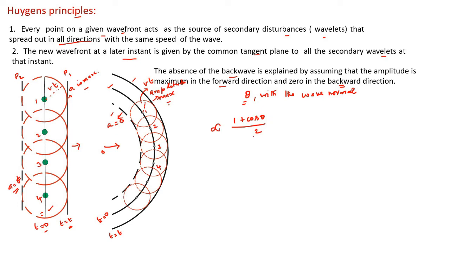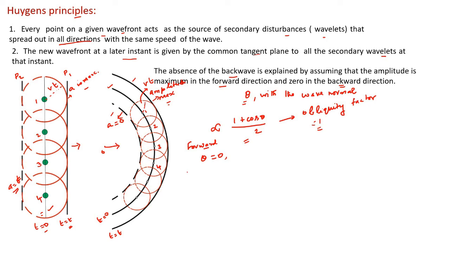And this (1 + cos theta)/2, you know, is called the obliquity factor. For the forward direction, theta is 0. So (1 + 1)/2, the obliquity factor turns out to be 1. So maximum contribution for the forward direction.